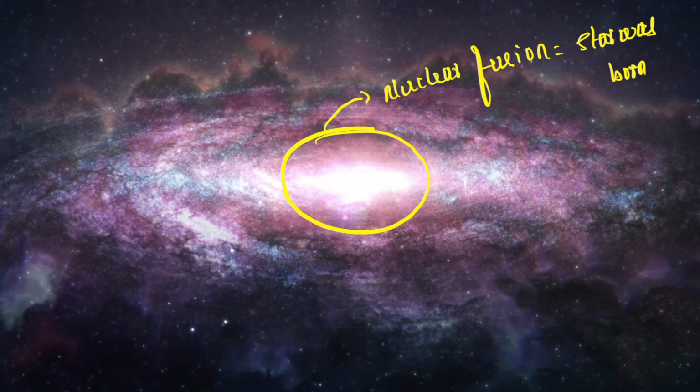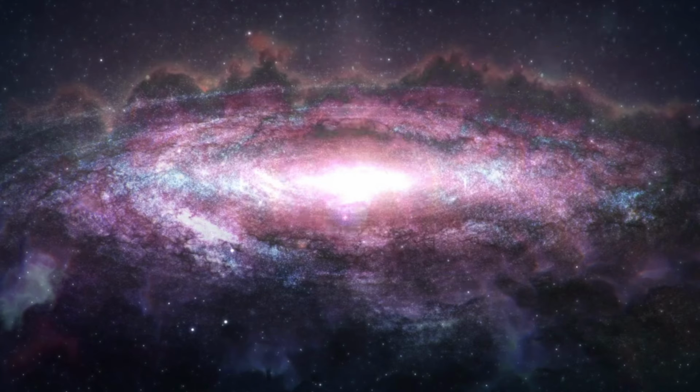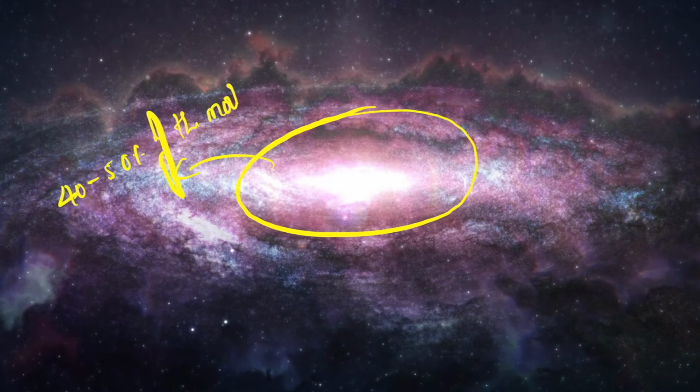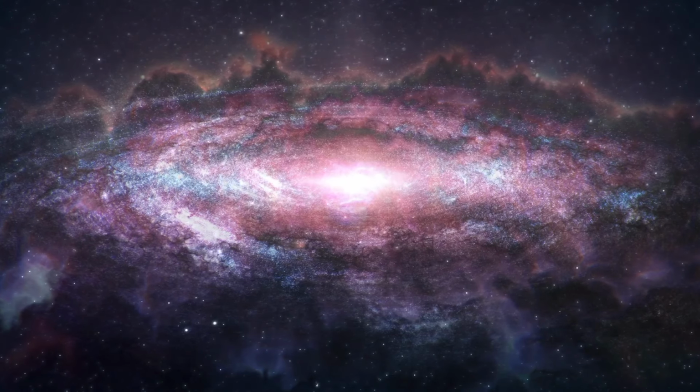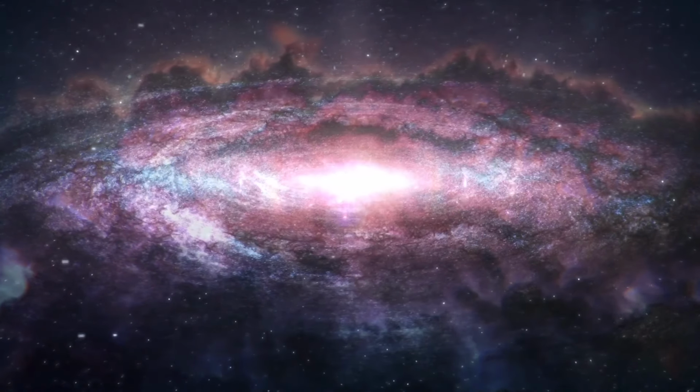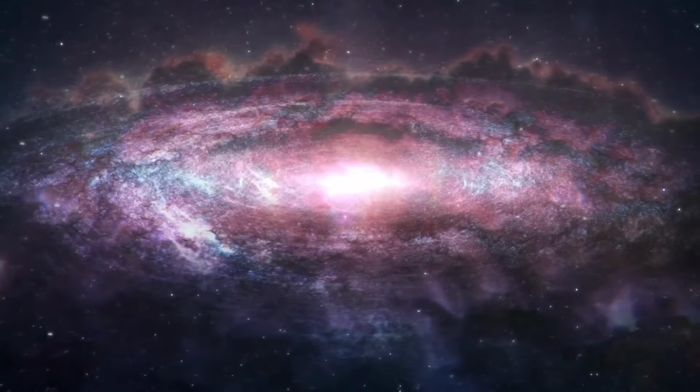But the Sun did not take up all the matter present in this nebula. It only took up 40 to 50% of the matter, and the remaining 50% was scattered around the Sun. This matter started revolving around the newly formed Sun. This was the first stage in the formation of the solar system.